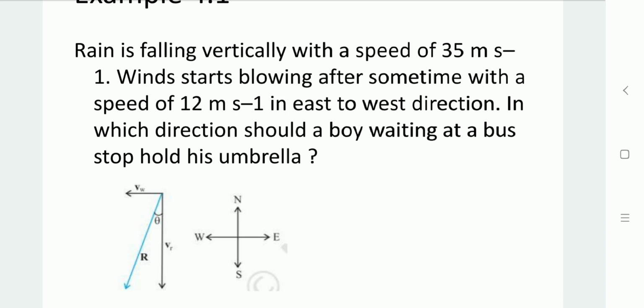So the east to west direction is defined with the VW vector. Rain is falling, which means it must be in the downward direction. So from that same point, in the downward direction, VR, the rain vector, is specified. So here, the resultant vector R is at an angle theta from the vector VR.